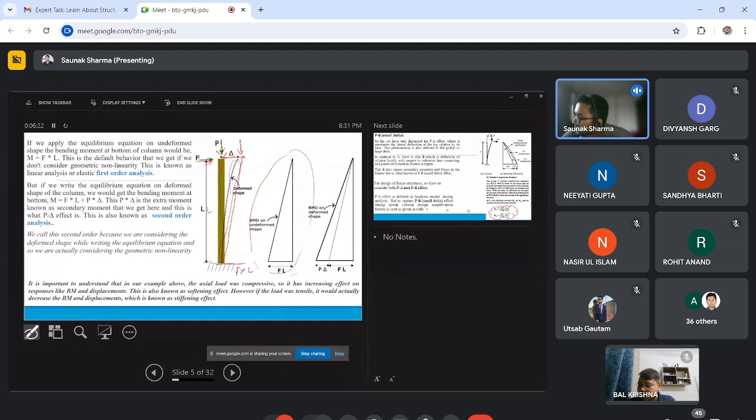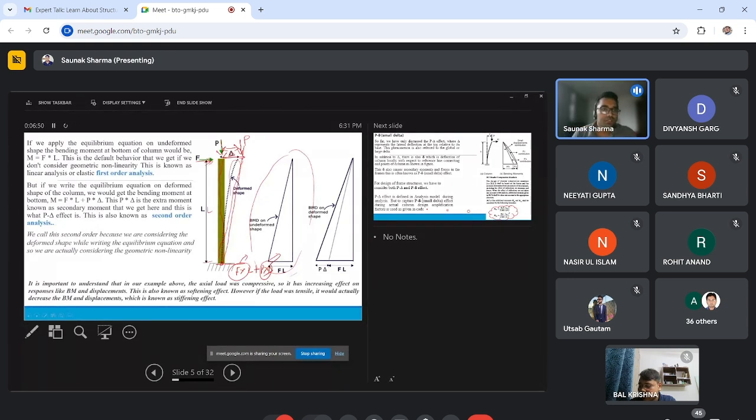Now this member is getting force from this point, so an additional moment will be created here. At this point, it is now F into L plus P into delta. If this delta is the amount of deflection, F into L is first order analysis and this is second order analysis.